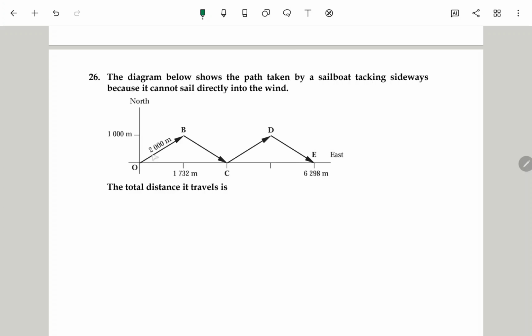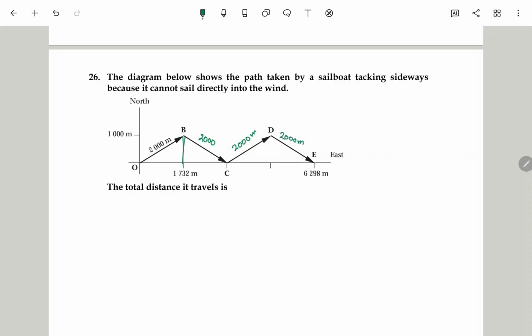So if this is 2000 and the height of this one is 1000 and the distance is 1732, and this is again the same, it's 1732, so this distance here is 2000 as well. Now same rule here, this will be again 2000 meters and again 2000 meters.